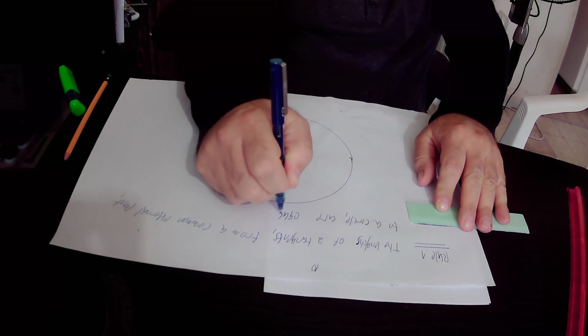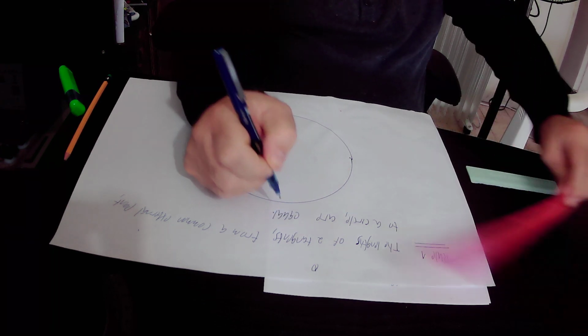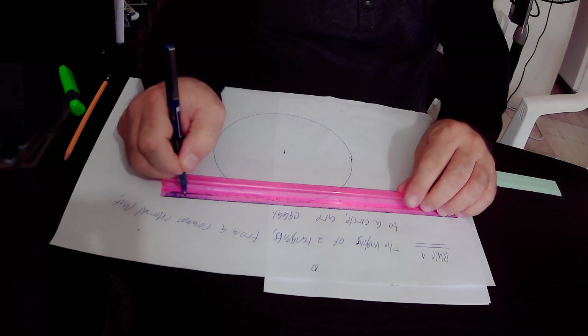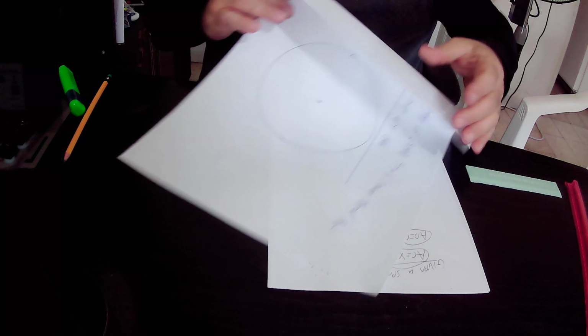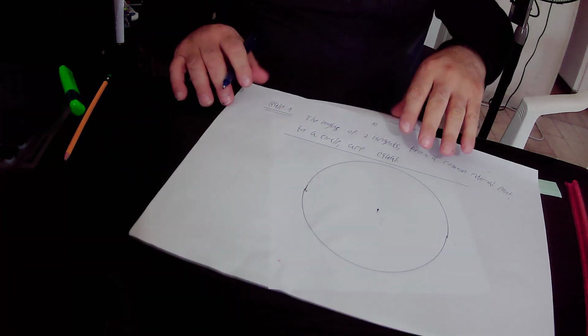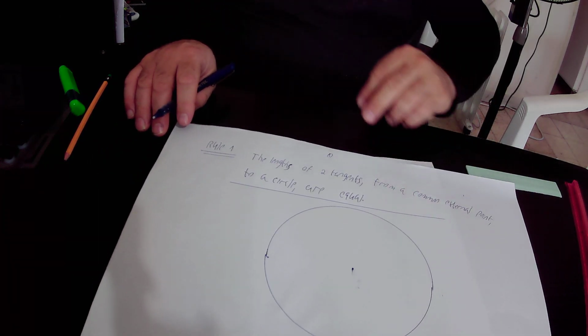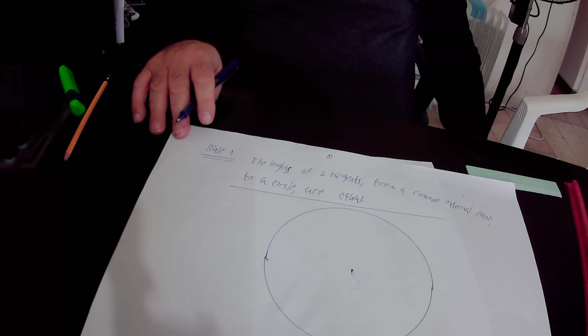So I read rule number 1 again. According to rule number 1, the lengths of two tangents from a common external point to a circle are equal.